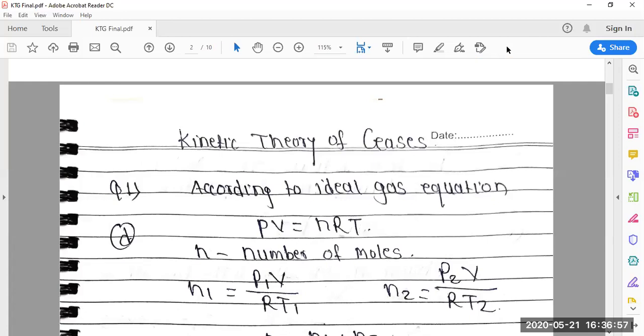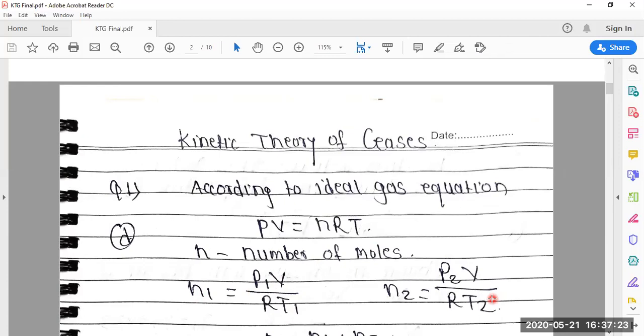The first question from the booklet: two containers of equal volume. So consider the two containers with equal volume V, and the pressures of these two containers are P1 and P2 at the absolute temperatures T1 and T2.